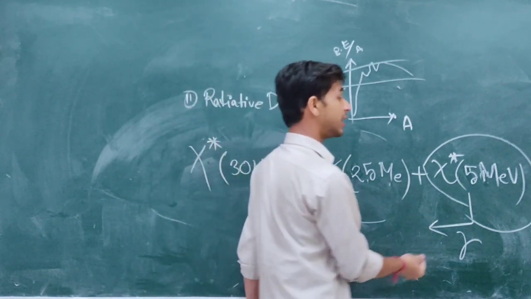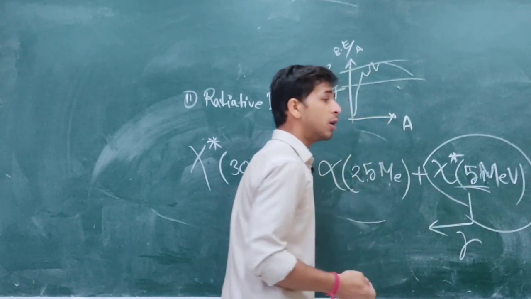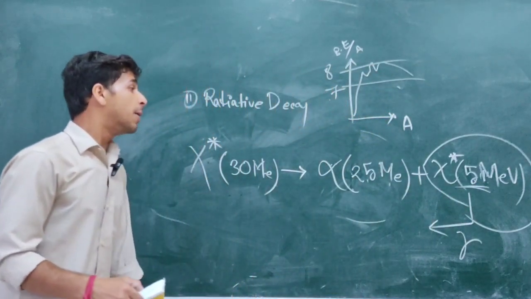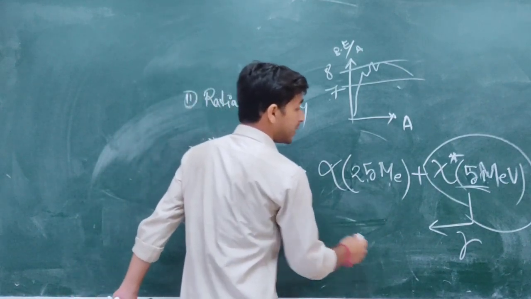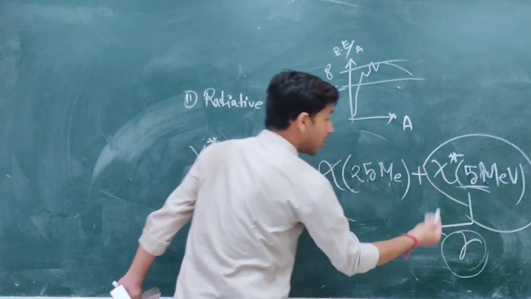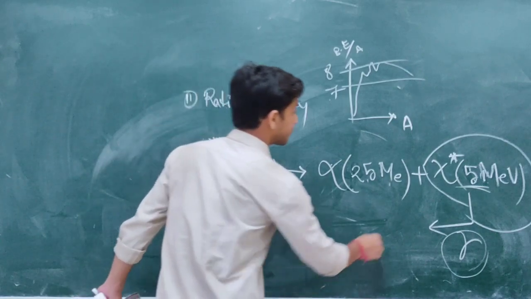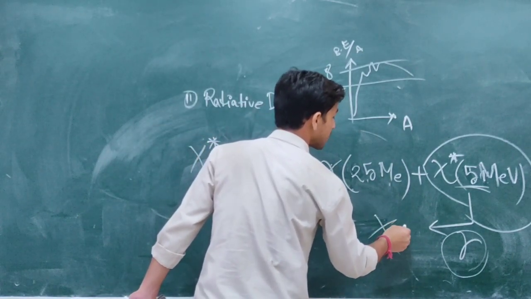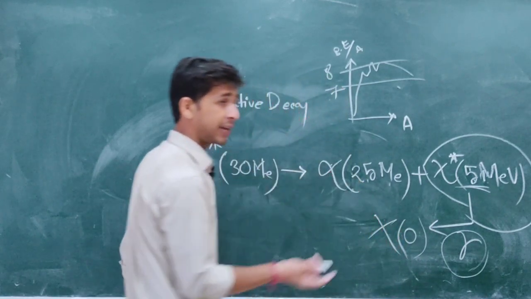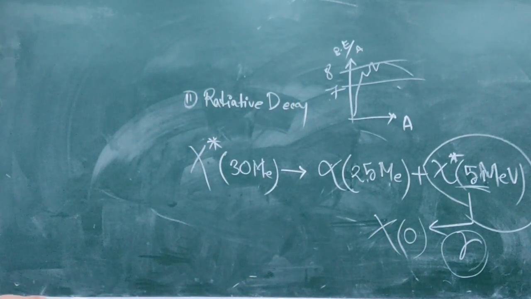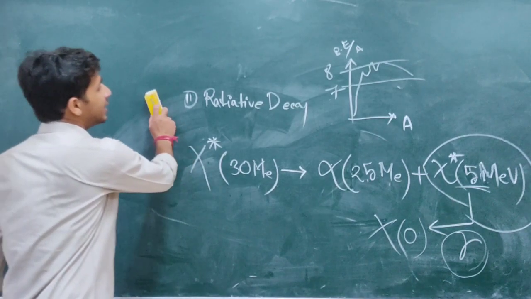But in this case, it has only 5 mega electron volt. So it will not emit any particle. It will become stable after emitting radiation called gamma radiation, and finally it will become its ground state having energy 0. So that's how you can define where there will be a radiative decay and where there will be a particle decay.